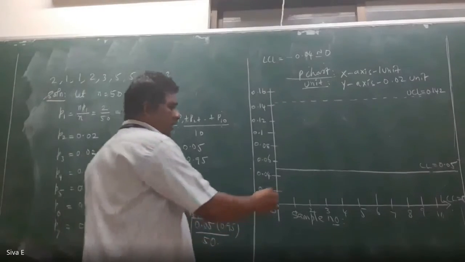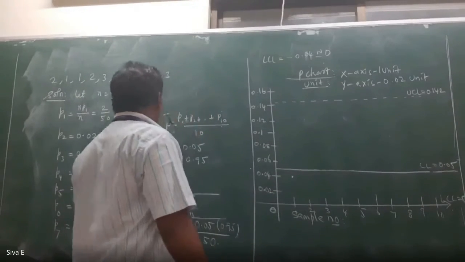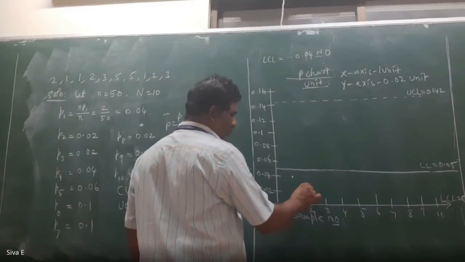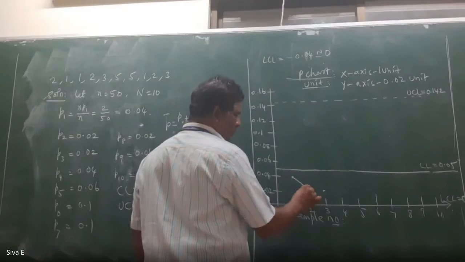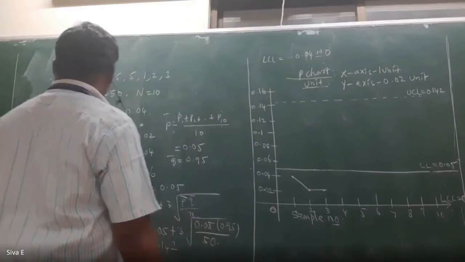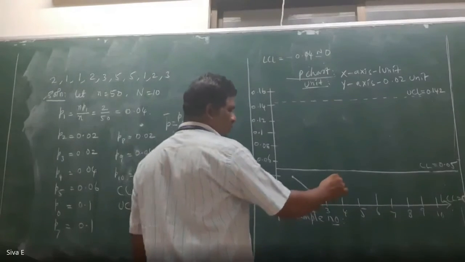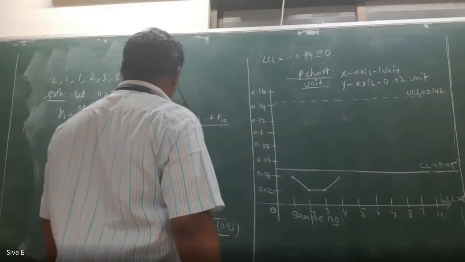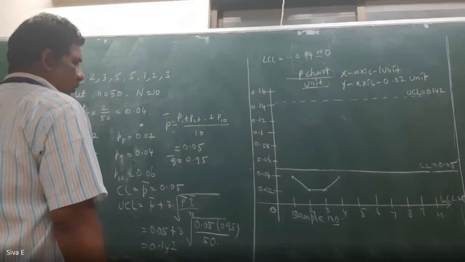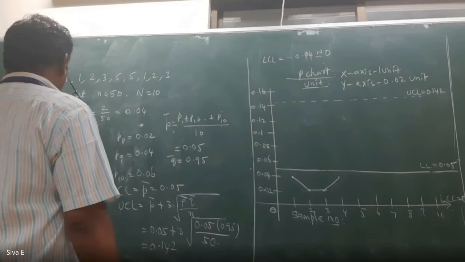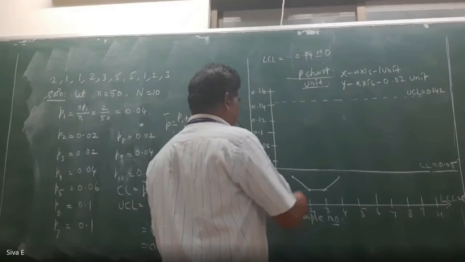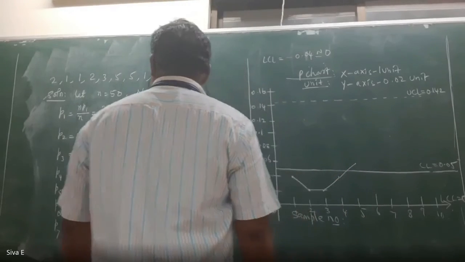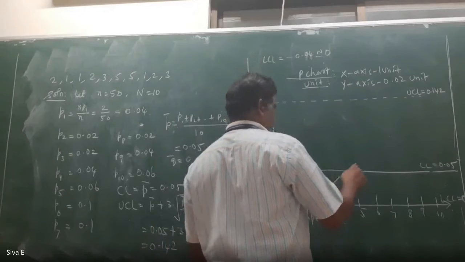Then what is P1? 0.04. Second one is 0.02. Third one also 0.02. Fourth one is P4, 0.04. Fifth one is 0.06.